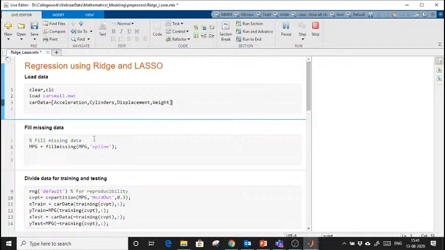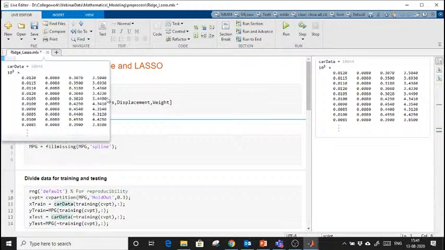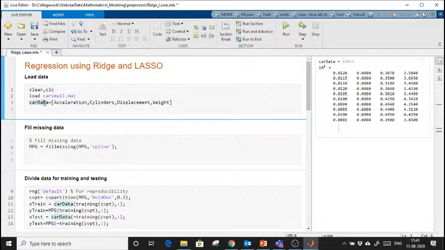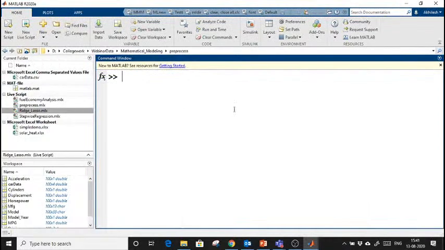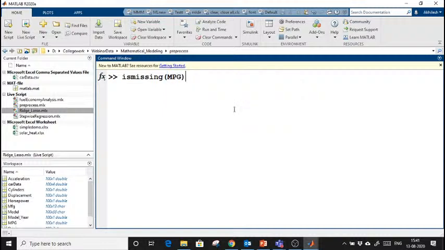Second step is to identify whether there is missing data or not. Let me show you something here. In car data, to check for missing values, simply use the ismissing command, and let's say I want to check if I have missing values in mileage or not.